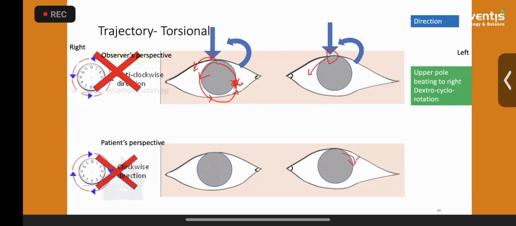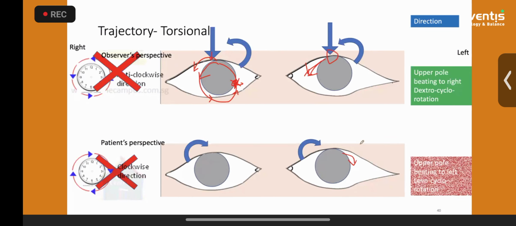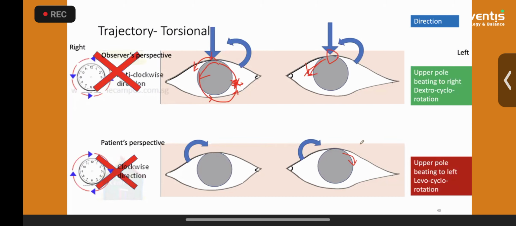Okay, so either it can be a dextrocyclorotatory, that is upper pole beating to the right, or we should mention it as levocyclorotatory, that is upper pole beating to the left. Okay, so these are the two directions which are possible in torsional nystagmus. So there are 3 trajectories and 6 directions.